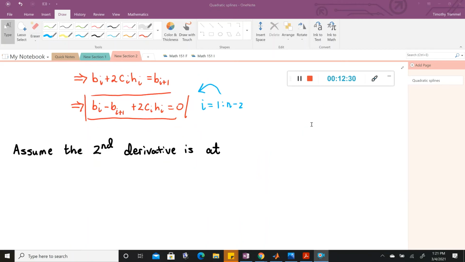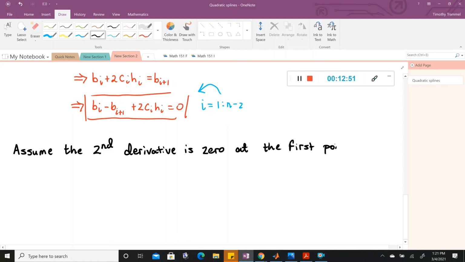So the last assumption that we're going to make is that the second derivative is 0 at a certain point. So I'm going to fix this here. It is 0 at the first point.